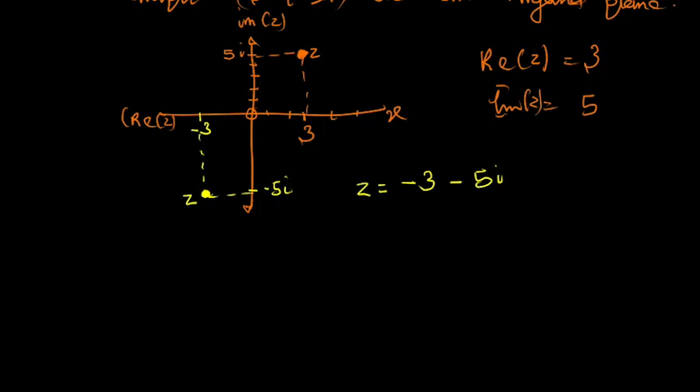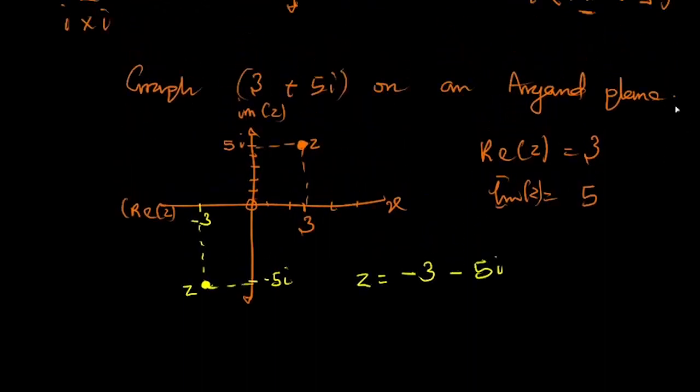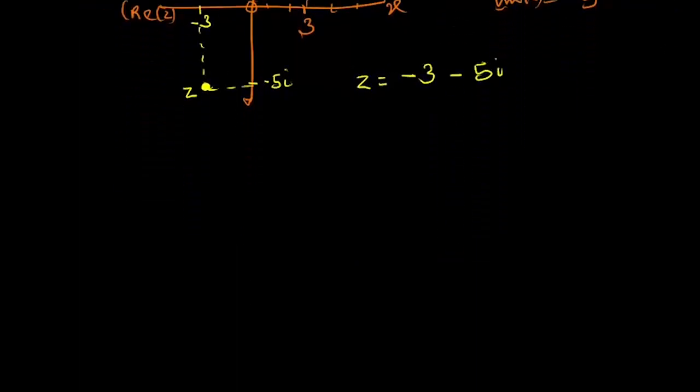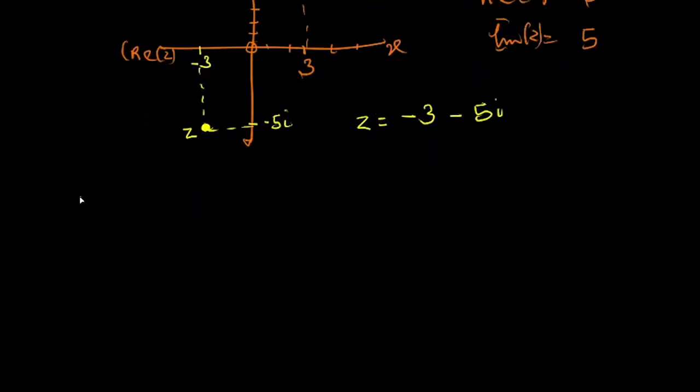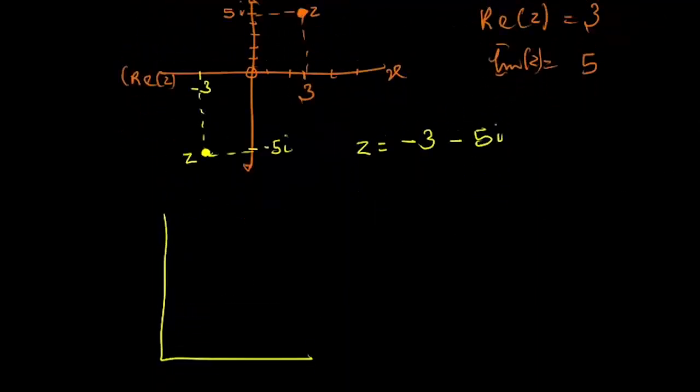Good. So if we want to express this number now, let us start with the first one in polar form. In polar form now, we're going to draw a line. So we have something like this. I drew the positive axis of our Argand diagram.